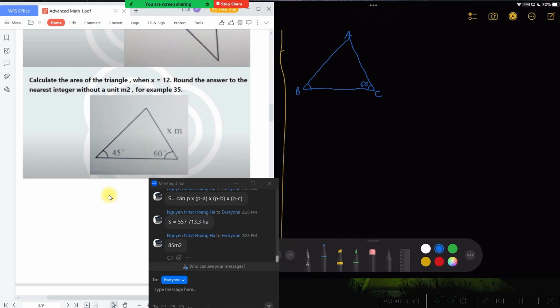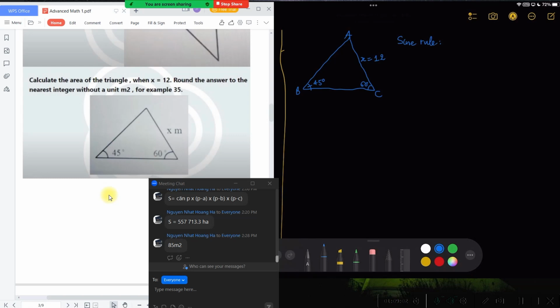60, 45. X is 12, right? Nó có một cái gọi là định luật sine rules in any triangle.